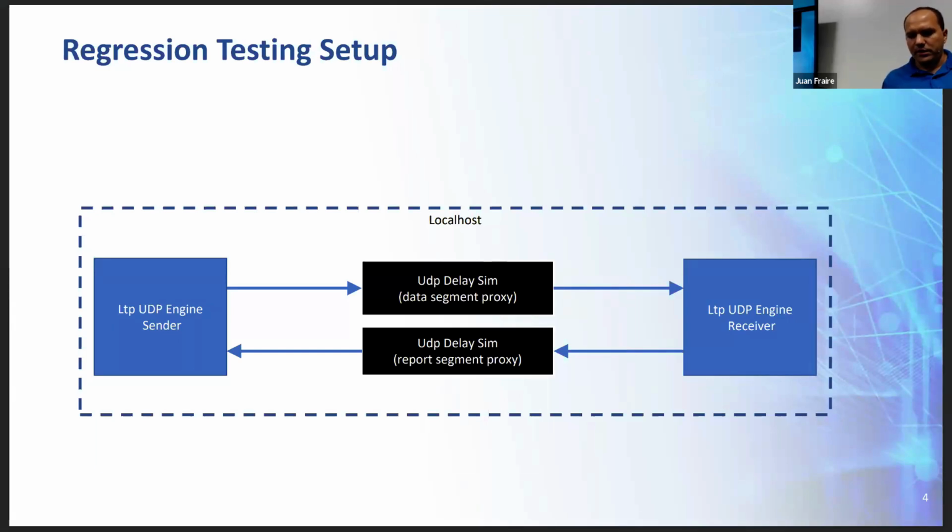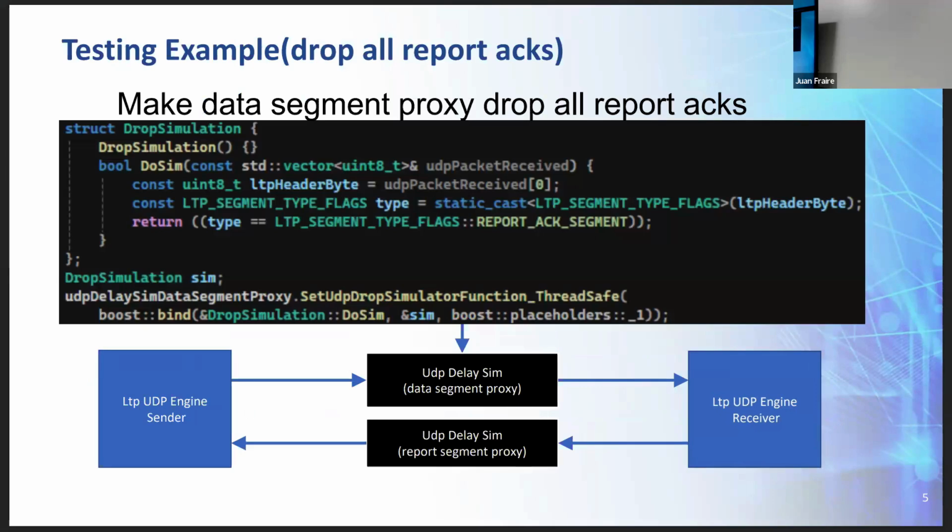But it also gives you the ability on that delay simulator to bind a callback function to it, so that every time a UDP packet is received, it can call a custom callback that you specify on whether or not you want to drop the packet. In that custom callback, you'll get the UDP packet received. In this example, we're going to take that UDP packet, look at the first byte, and that's going to tell us what type of LTP segment it is.